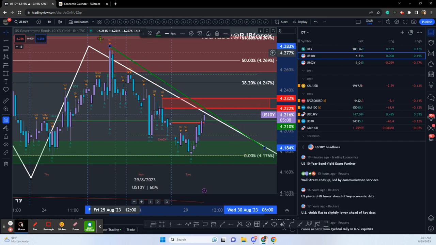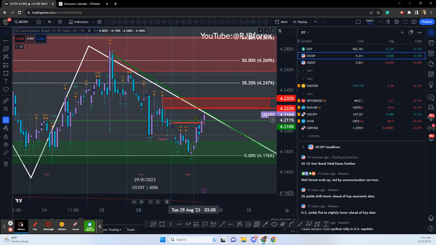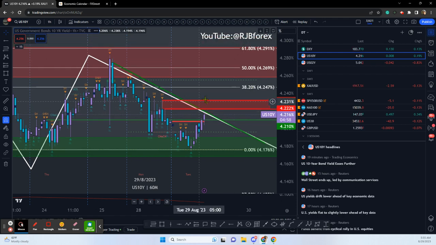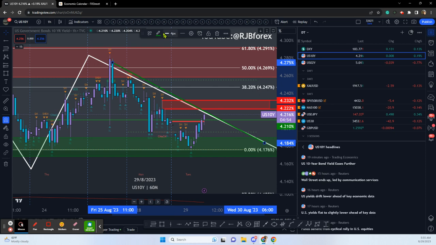We're still bearish on this. A breakthrough here would be bullish, very bullish for the US dollar. So just keep note of that. So long as we stay below that area of resistance, we can easily see this continue to the downside and be a weight on the US dollar.